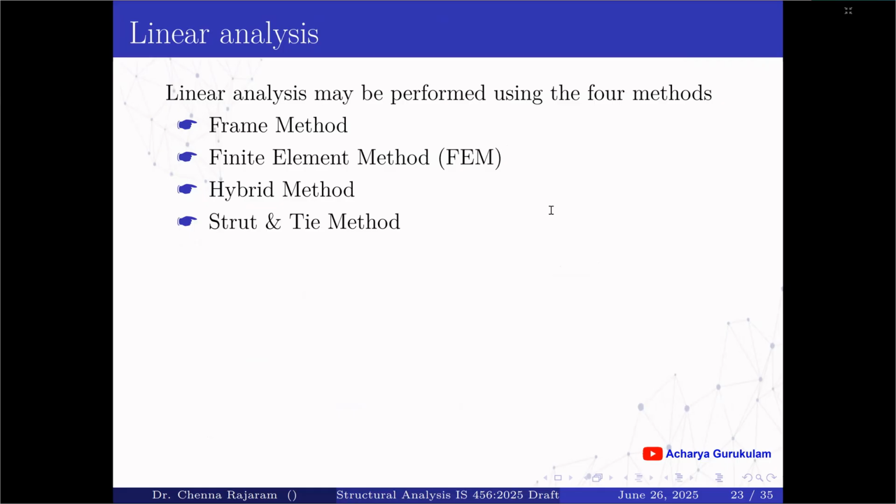Linear analysis may be performed using four methods: the frame method, finite element method, hybrid method, and strut and tie method. The frame method shall be used when structures consist largely of members that have one dimension much larger than the other two.